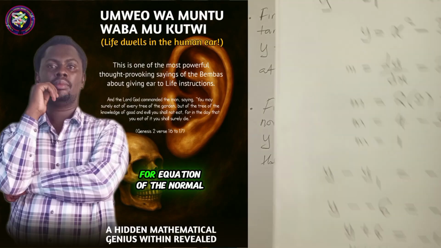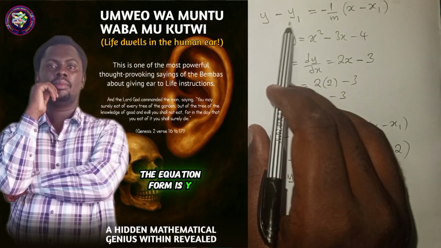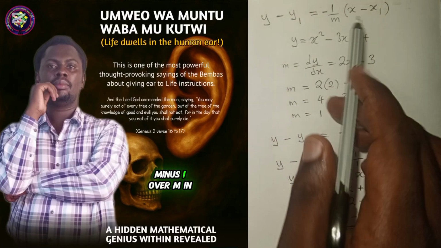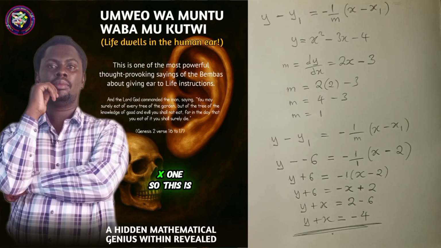And when you are answering for the equation of the normal, the form is y - y1 = -1/m (x - x1). So this is how you perform calculations to do with the equation of the tangent and the equation of the normal. Thank you so much for your time.